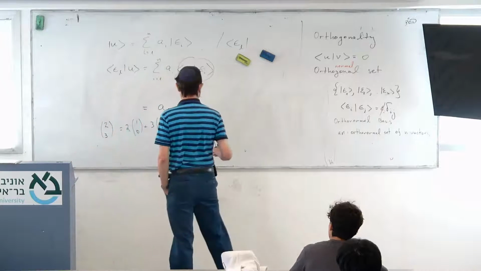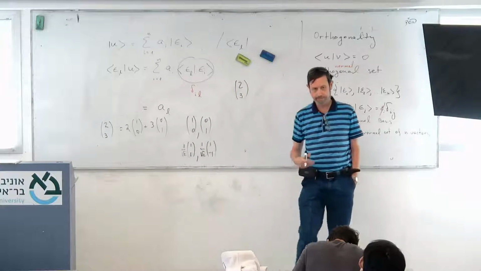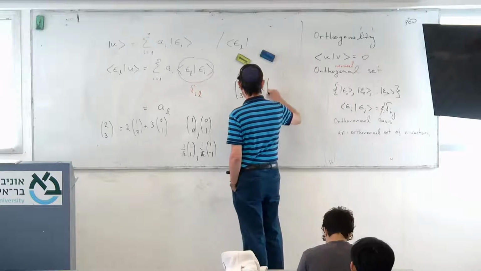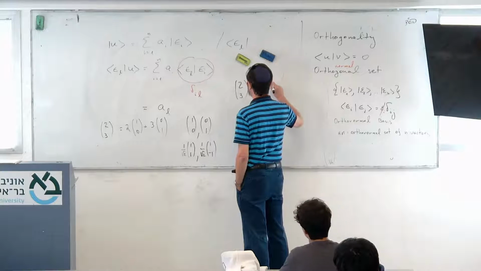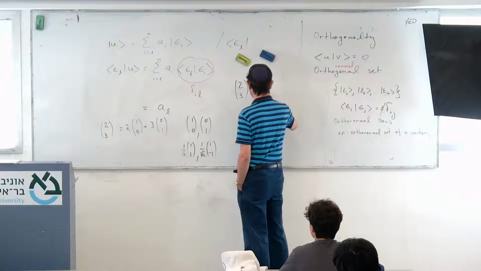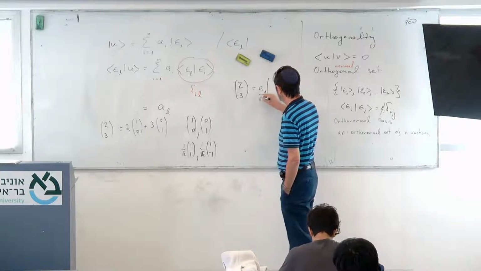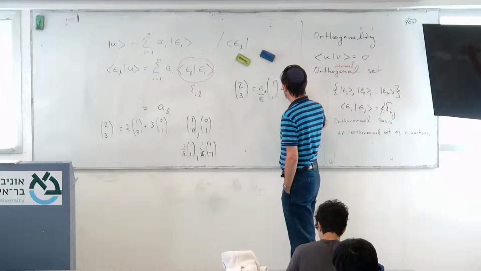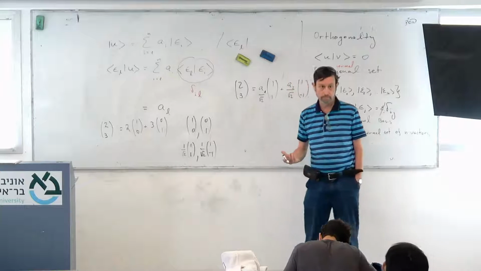I want to write the vector (2, 3) as, with the notation I called a, a1 times 1 over square root of 2 of (1, 1) plus a2 times 1 over square root of 2 of (1, minus 1).